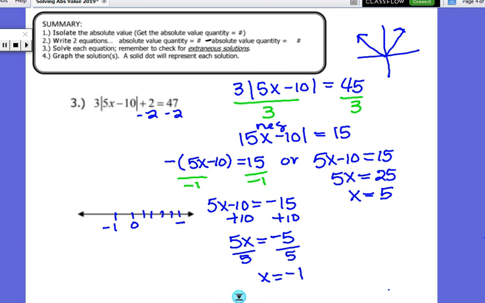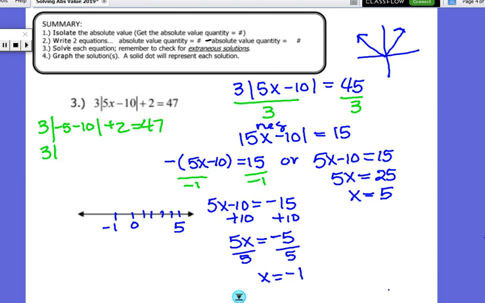All right, but let's check our answers. Let's go back to the original equation and plug in both and see if they work. So I've got 3 absolute value. I'm going to try the negative 1. 5 times negative 1 is negative 5, minus 10, plus 2, and I want that to equal 47.